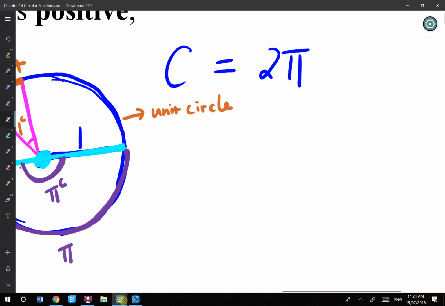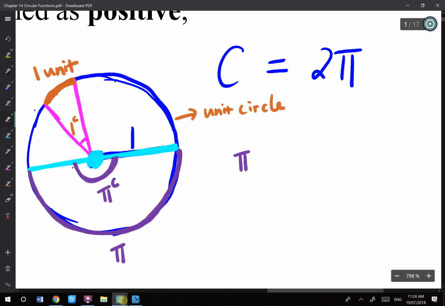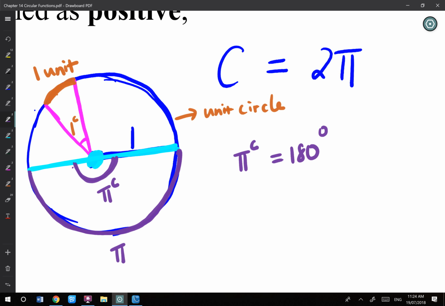So now we can see pi radian equals 180 degrees. Do you know what pi is? 3.14 something. So approximately 3 radian.